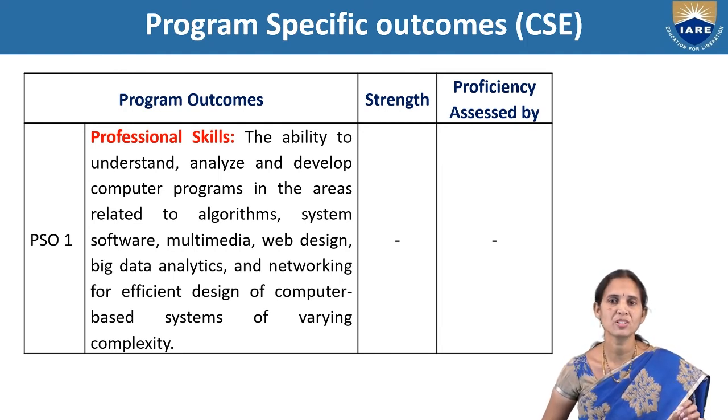The first one is professional skills: the ability to understand, analyze, and develop computer programs in the areas related to algorithms, system software, multimedia, web design, big data analytics, and networking for efficient design of computer-based systems of varying complexity.